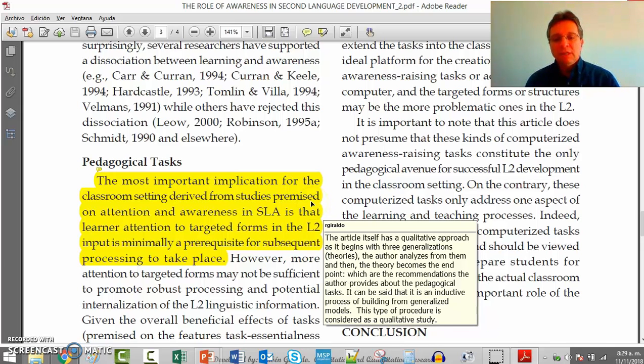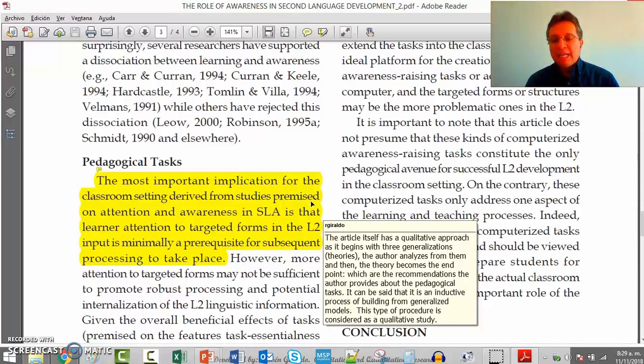The second note that I have to determine how the qualitative methodology is used is that the article itself has a qualitative approach, as it begins with three generalizations of the theories that we have seen.